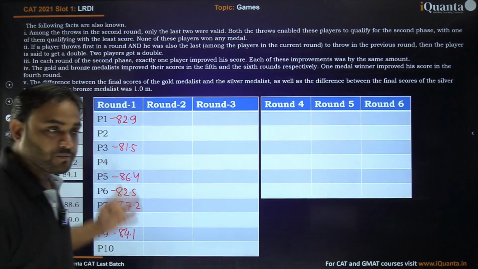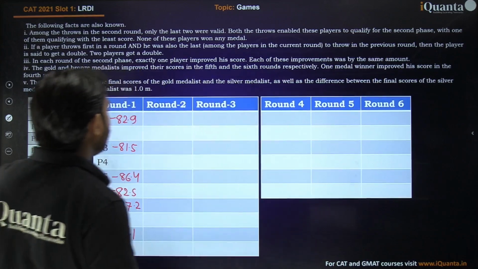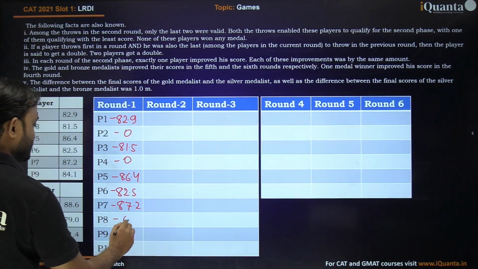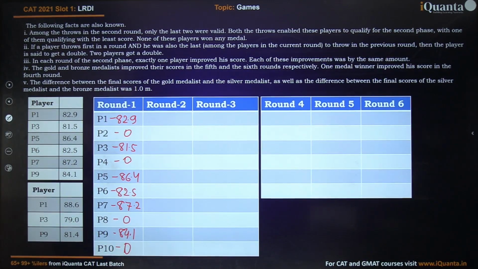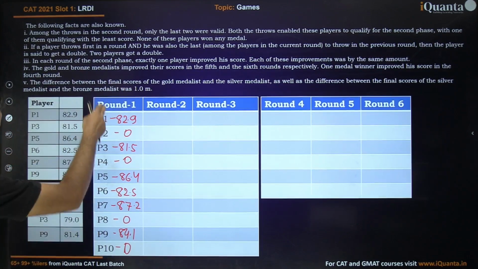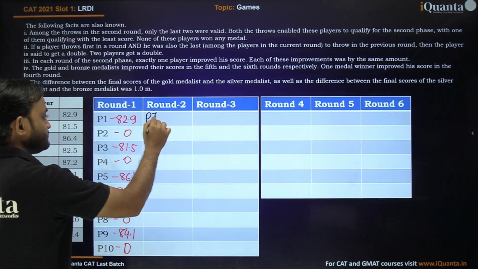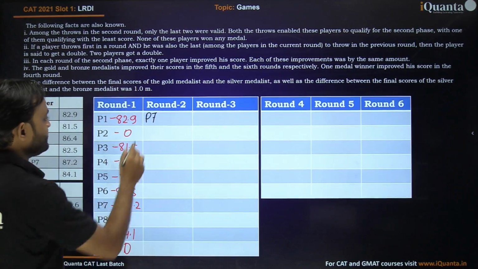What about the rest of the players? These players got 0 because their throws weren't valid. So P2 got 0, P4 got 0, P8 got 0 and P10 got 0. Now if we arrange them according to their rank in the last round, P7 will come on top. Then after P7, P5 will come second.